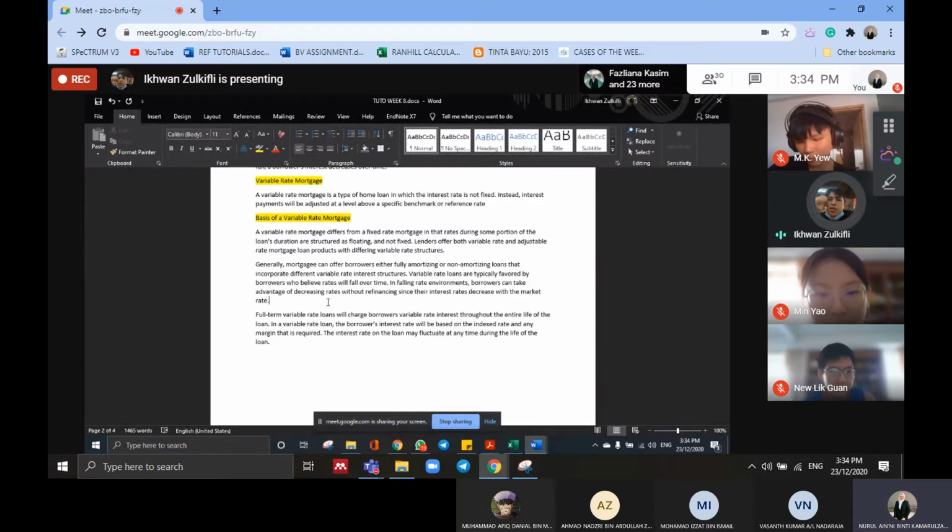But for non-amortizing loans, basically the interest rate fluctuates, and at the end of the mortgage period, you still can pay the principal. I think so. Oh, okay, thank you.